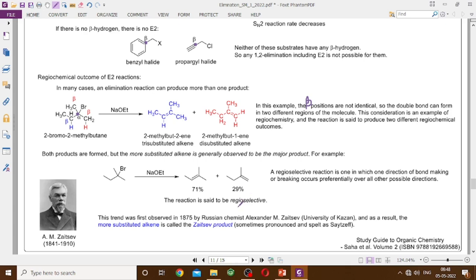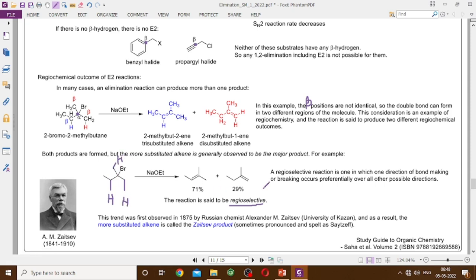This reaction is said to be regioselective. Regioselective reactions as such যেখানে একটা ডিরেকশনে bond breaking or bond making is favored compared to all other directions. So the CH bond being broken here is more favored compared to the CH bond being broken from this side or from that side.